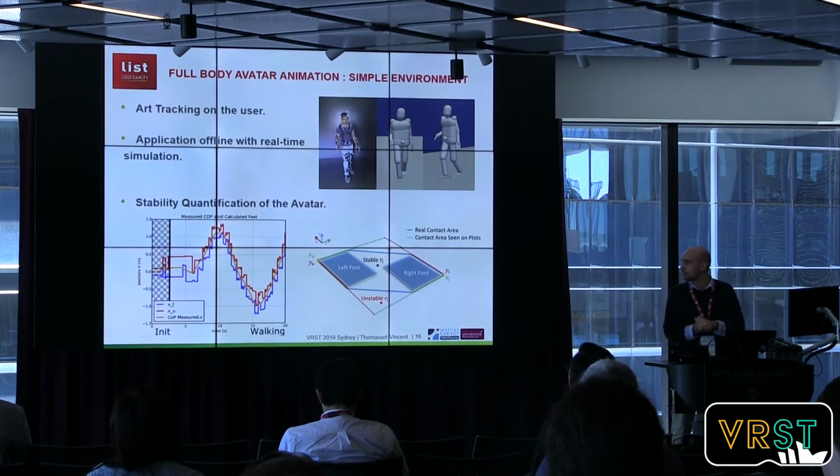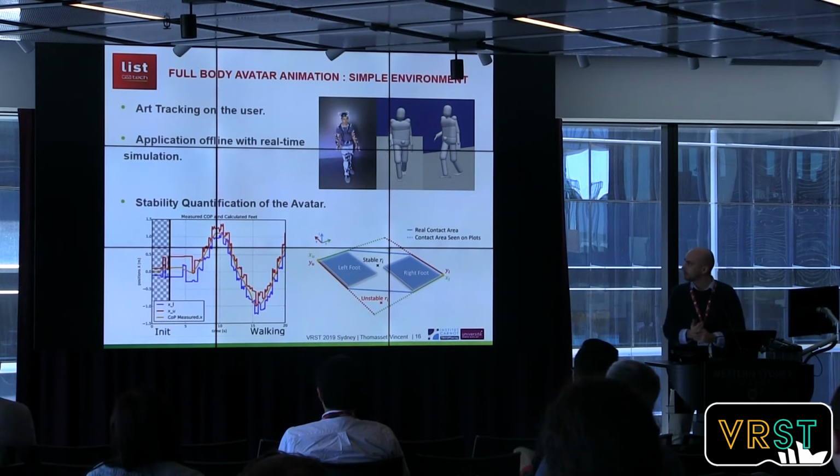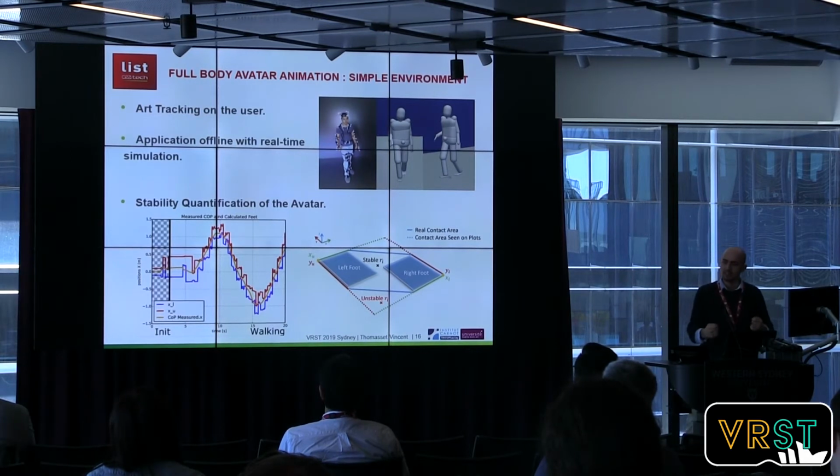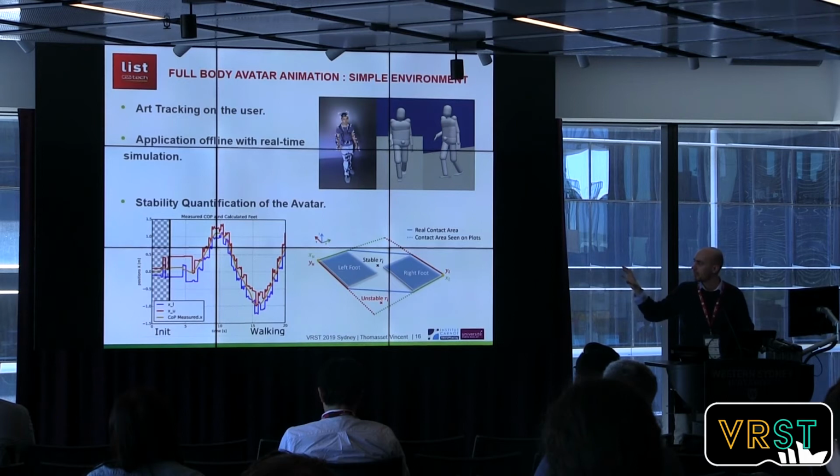So here is how I quantify the results. I didn't quantify the feedback of the user's perception of the difference between the legs movement, or whether he's feeling sickness, but instead I'm quantifying the position of the ZMP of the user and the position of the contact inside the simulation.